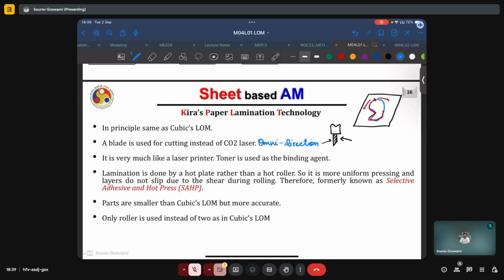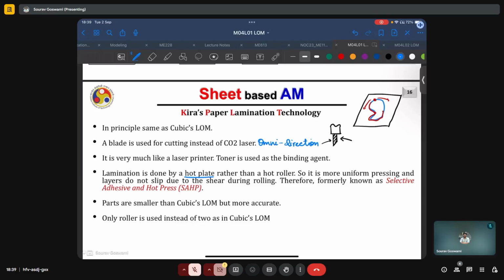The process overall is very similar to a laser printer, and here the toner is used as the binding agent. Lamination is done by a hot plate in this case, rather than a hot roller, and as we'll see, it offers certain advantages.